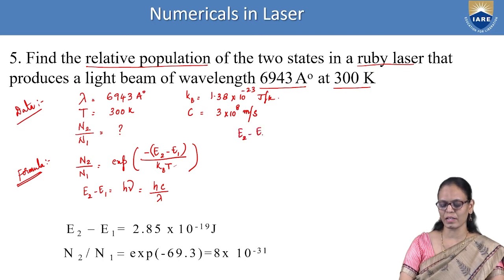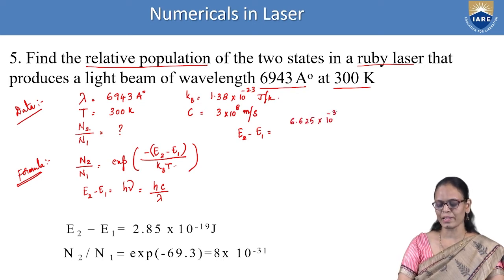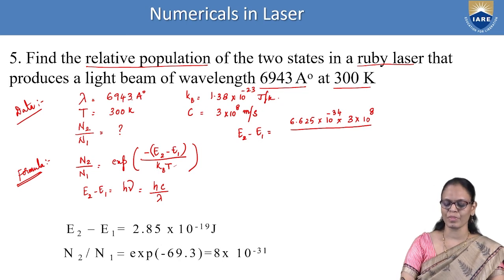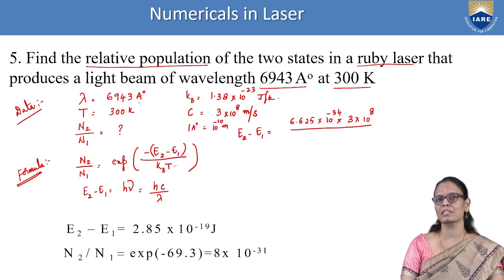So, E2 minus E1 will be equal to 6.625 into 10 power minus 34 into 3 into 10 power 8, h into c upon lambda. Lambda is 6943 angstrom, and we know 1 angstrom is equal to 10 power minus 10 meter. So we will convert this wavelength into meters: 6943 into 10 power minus 10 meter.